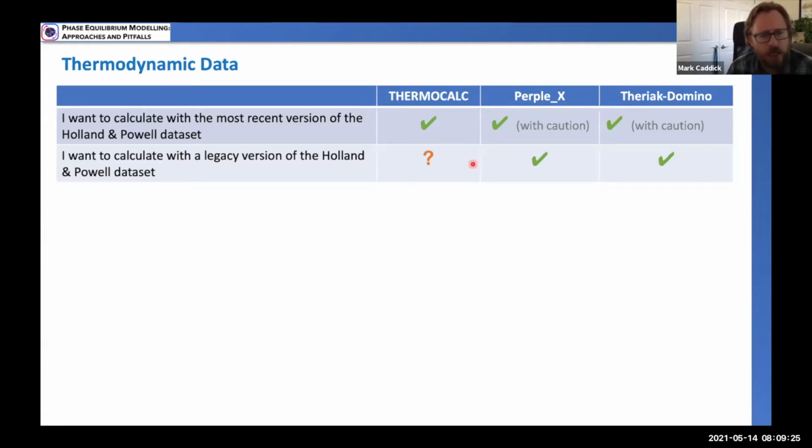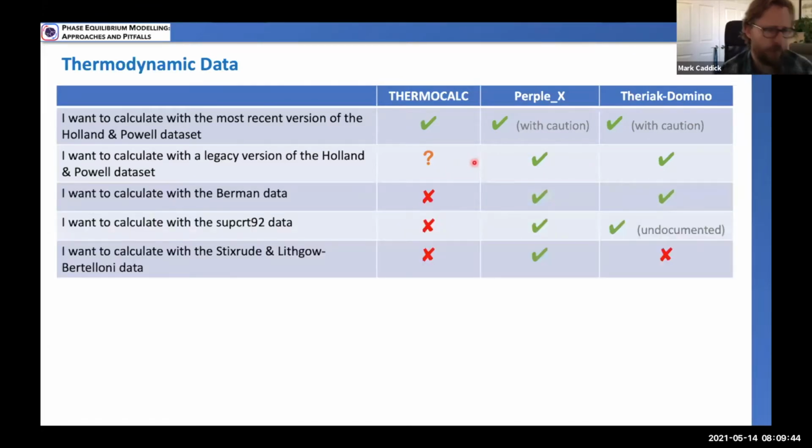Of course, there are many old versions of Thermocalc floating around with the old thermodynamic data, but as far as we're aware, it's difficult to get the old Holland and Powell data bundled with a new download of Thermocalc. So that maybe sways our decision a little bit.